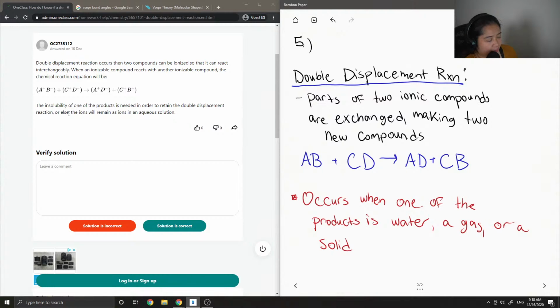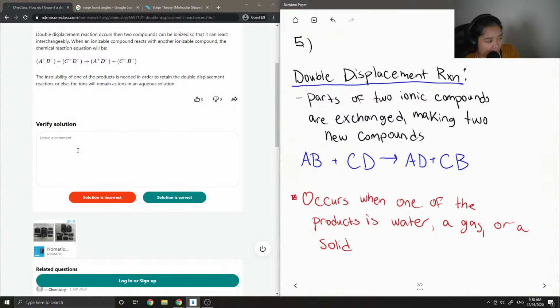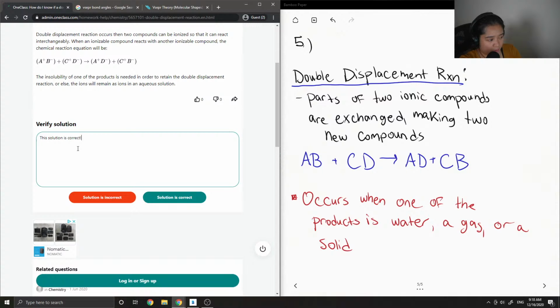The insolubility of one of the products is needed in order to retain the double displacement reaction, or else the ions will remain as ions in aqueous solution. So this solution is correct. Products can also be a gas or water.